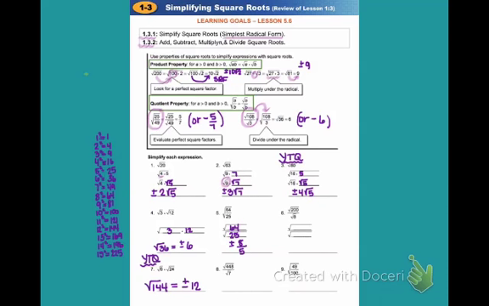But it turns out that if instead I think about this as a quotient, the square root of 200 divided by 8, I actually get the square root of 25, because 200 divided by 8 is 25, and the square root of 25 is an integer value. So that's plus or minus 5.